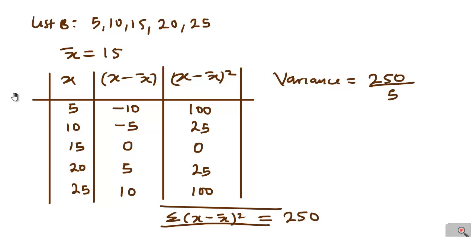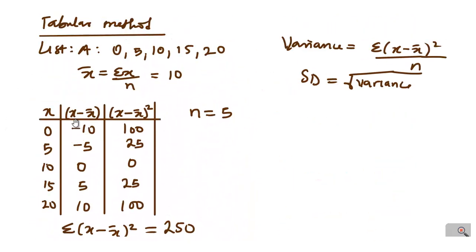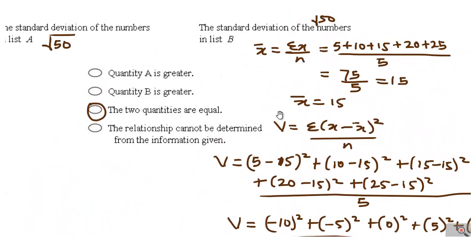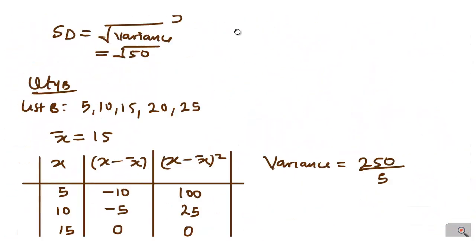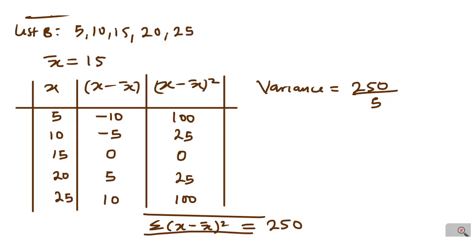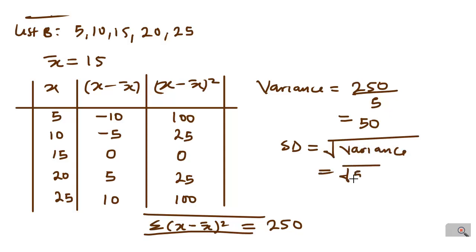That's just making use of the initial formula that I put here: variance is summation x minus x bar squared over n. So if we plug it in, the variance is 250 divided by 5, which gives us 50. So standard deviation, which is the same thing as the square root of variance, will be the square root of 50.